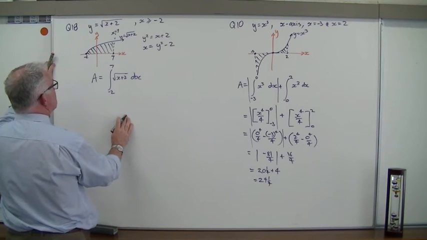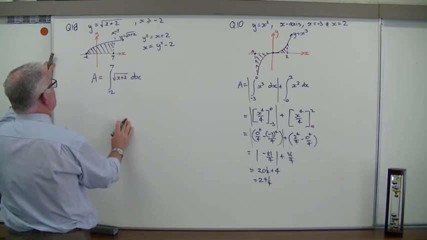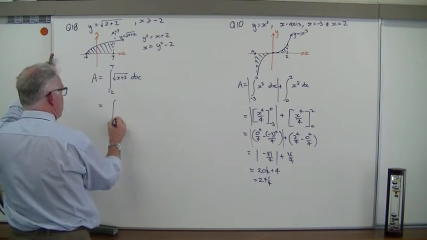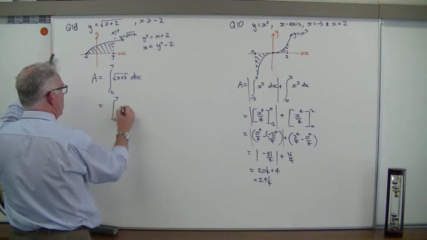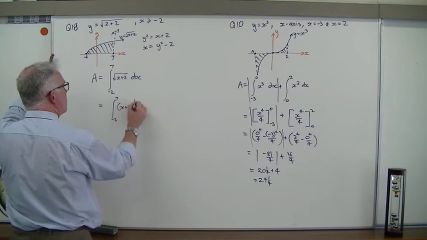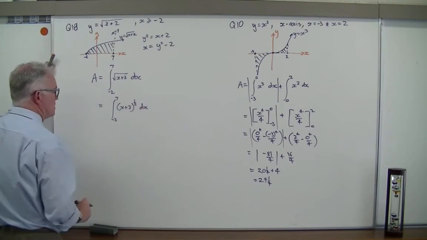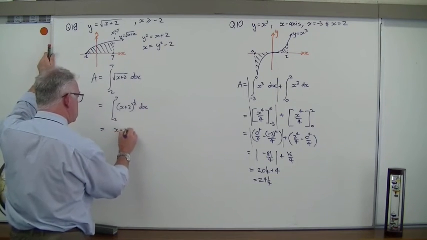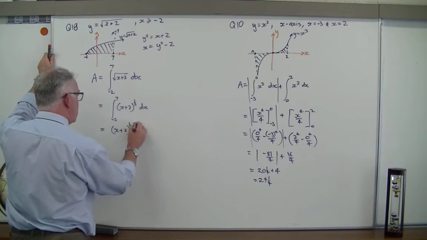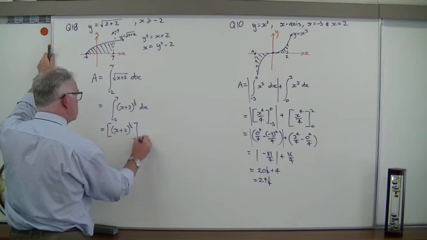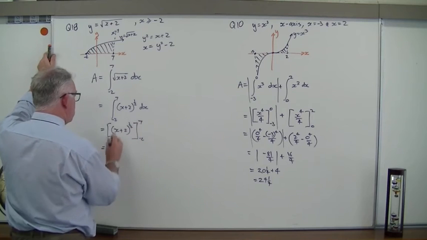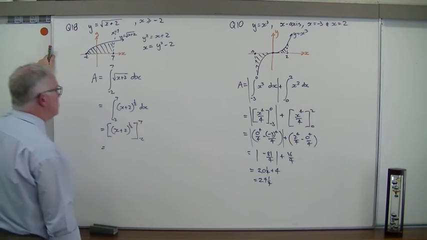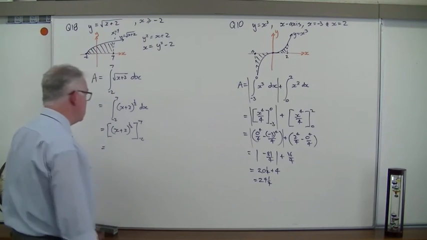Will it actually be that? Yes. So we'll have from minus 2 to 7, x plus 2 to the power of a half with respect to x. We do the integration, which gives us x plus 2 to the power of a half, from minus 2 to 7.